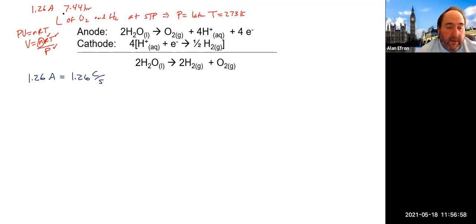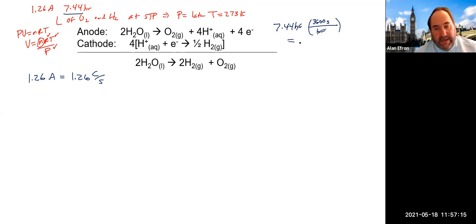We are going to run it for 7.44 hours. Just like we talked about in the previous one, we want to make sure we don't have any issues with units. So off the bat, we convert this into seconds. Again, 3,600 seconds in an hour. And that is going to get us 7.44 times 3,600.